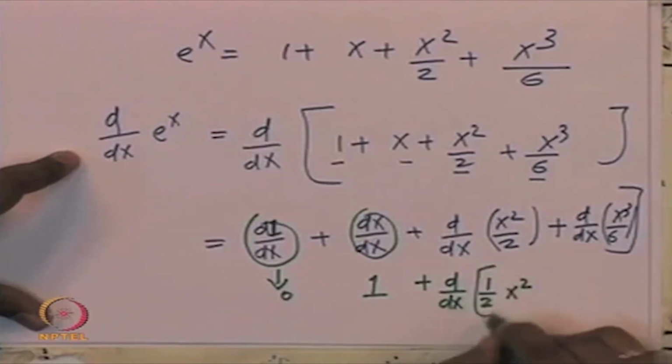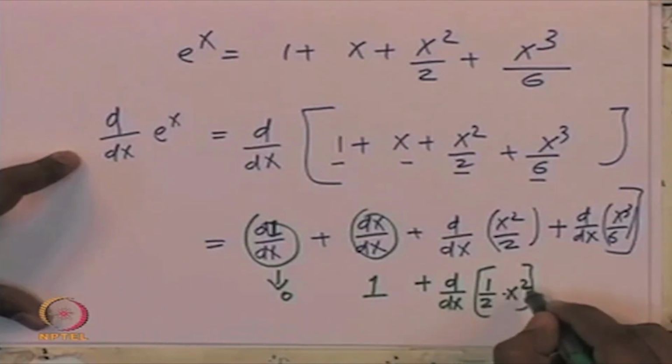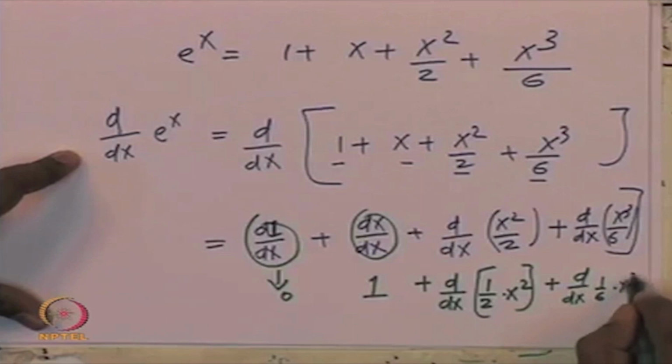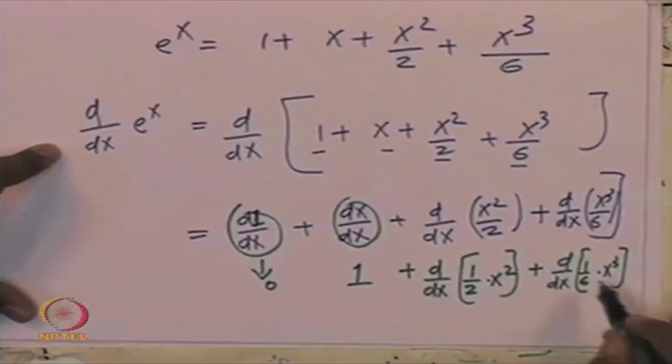Half is a constant times x square. Then, again, d by dx of 1 by 6 times x cube. 1 by 6 is a constant, so 1 by 6 times x cube.